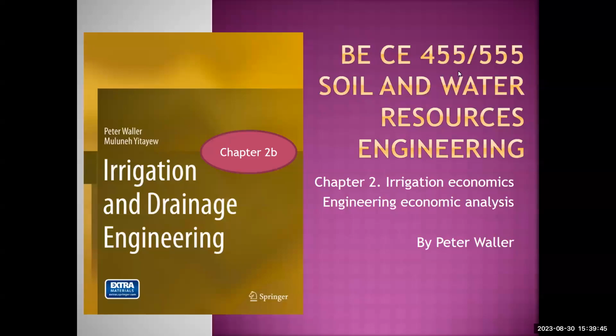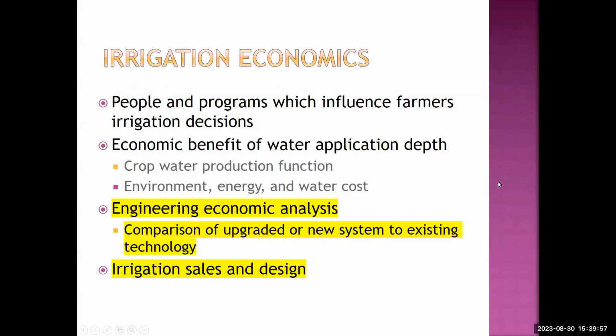Okay, so we'll continue our irrigation economics lecture and our chapter, and this one will focus on engineering economic analysis. So we'll look at the decision-making process in purchasing new systems.